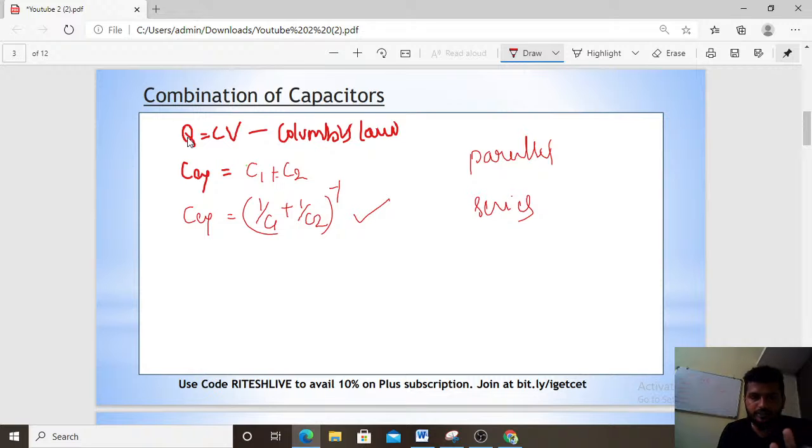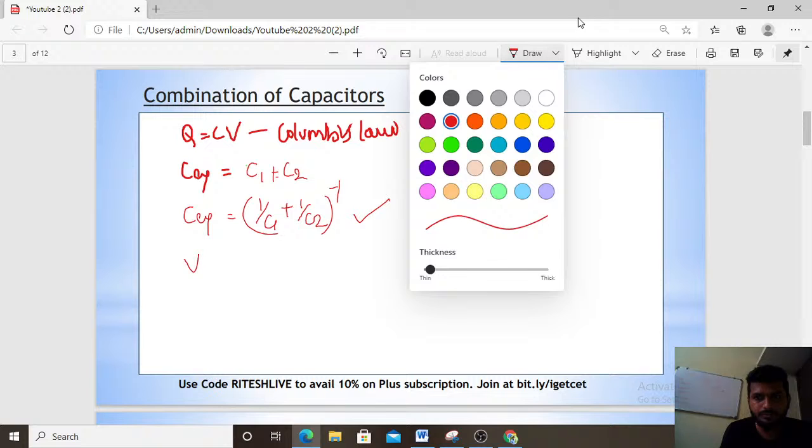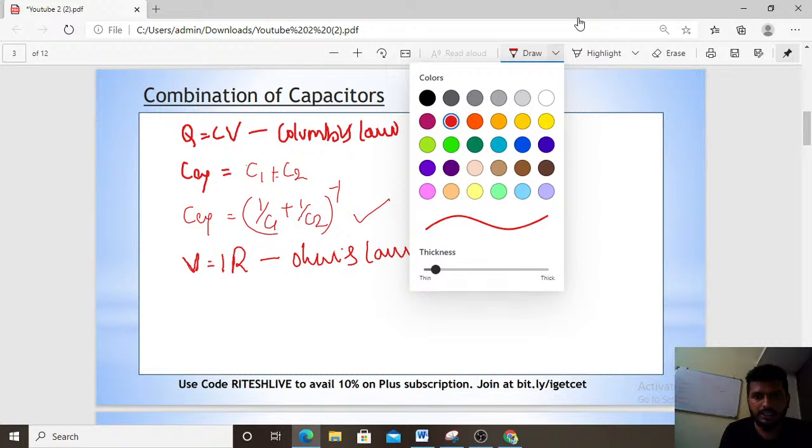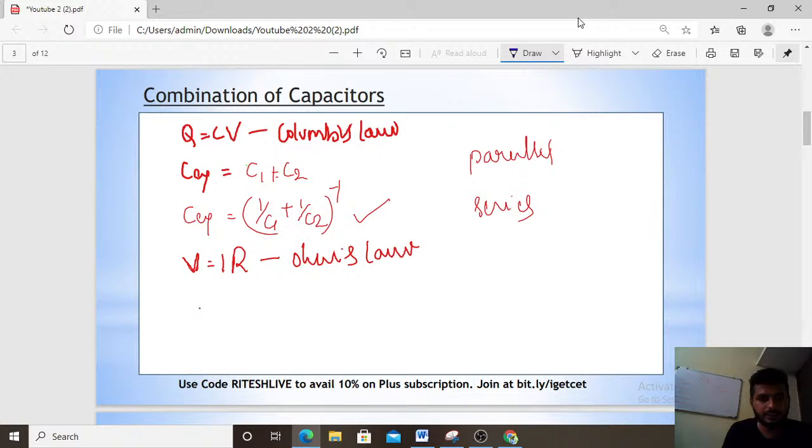Similarly, we have equations for resistors. The main equation is V is equal to I into R. This is from Ohm's law in resistors. Here it is not C equivalent, it is R equivalent, so let me write R equivalent.